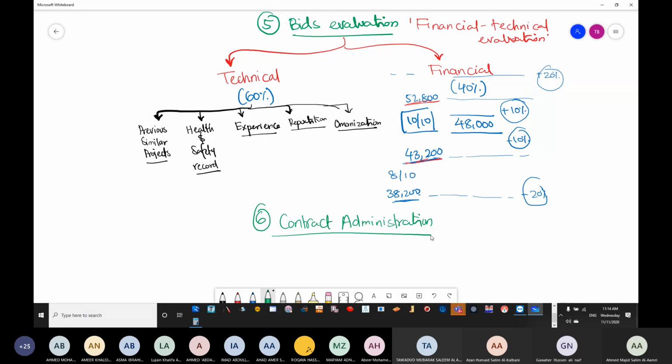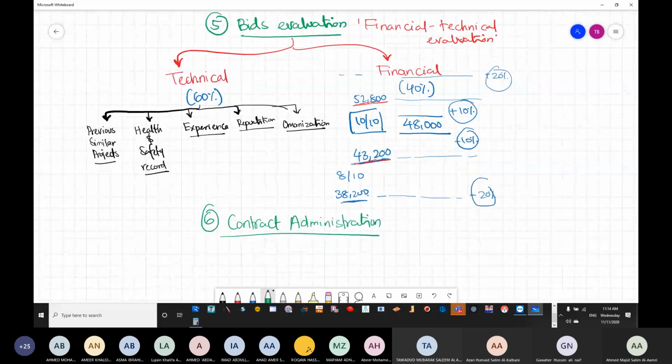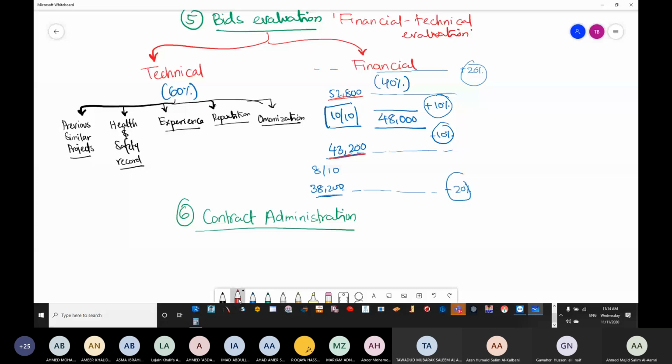Okay, so contract administration. Now, after we have done the financial and technical evaluation, the result appears. For example, company number 1, in the technical they have got 7, and in the financial, for example, they have got 10.